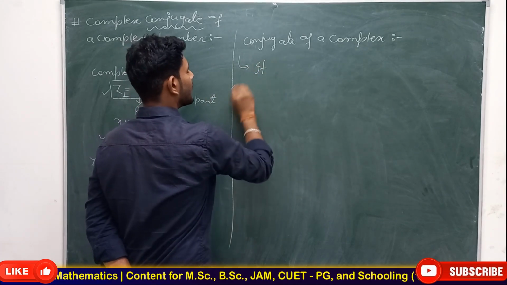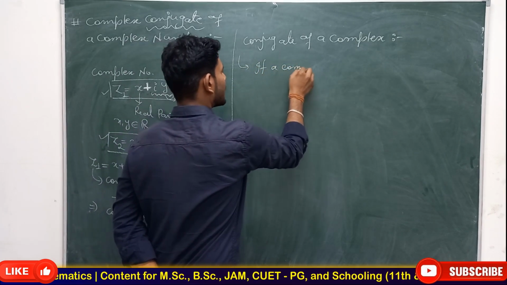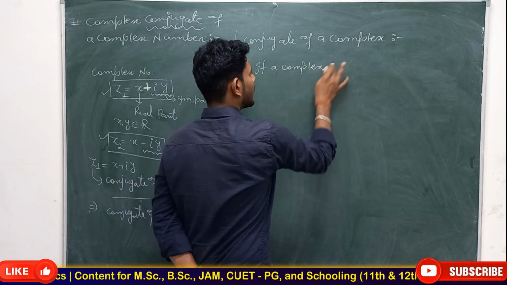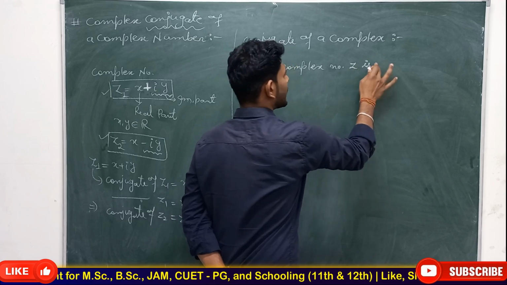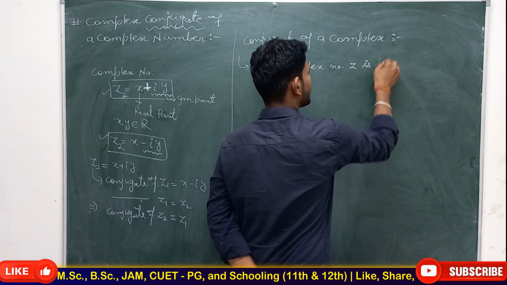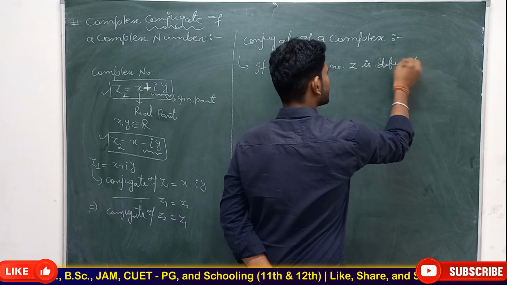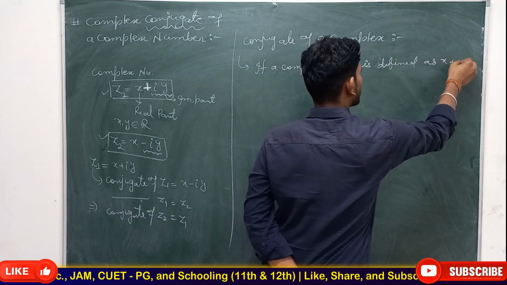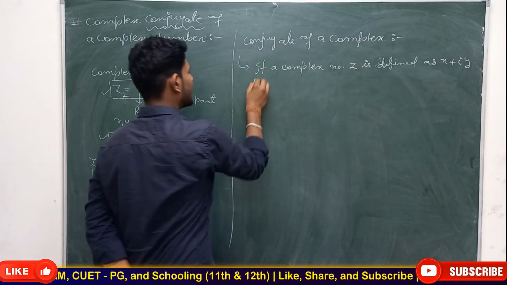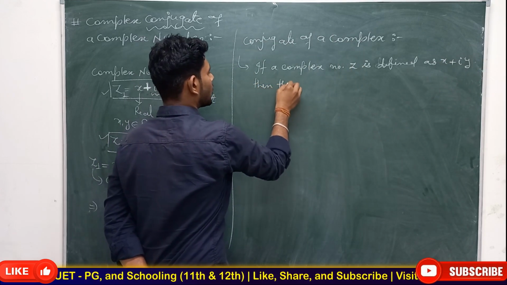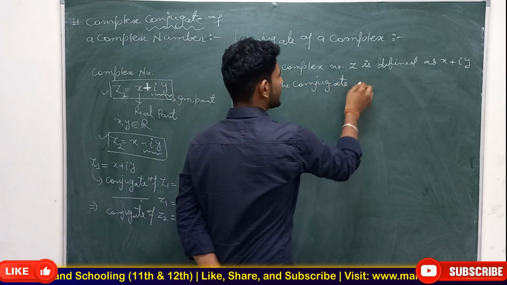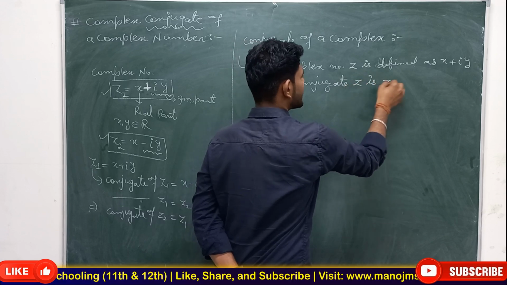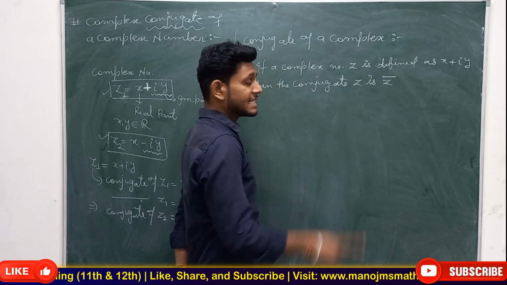If a complex number z is defined as x plus iota y, then the conjugate of z is z bar.